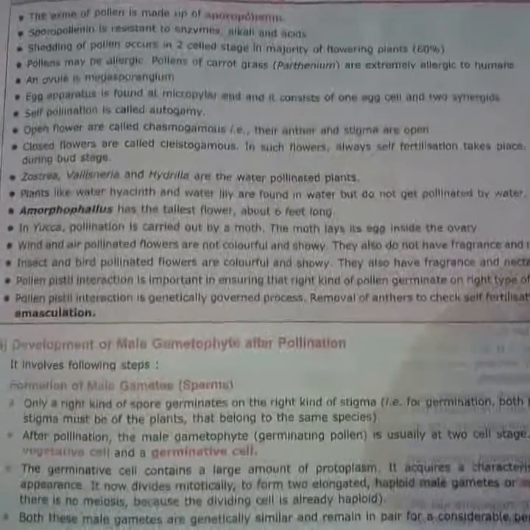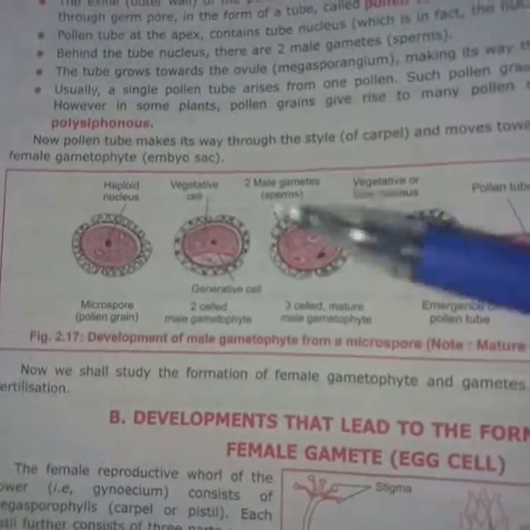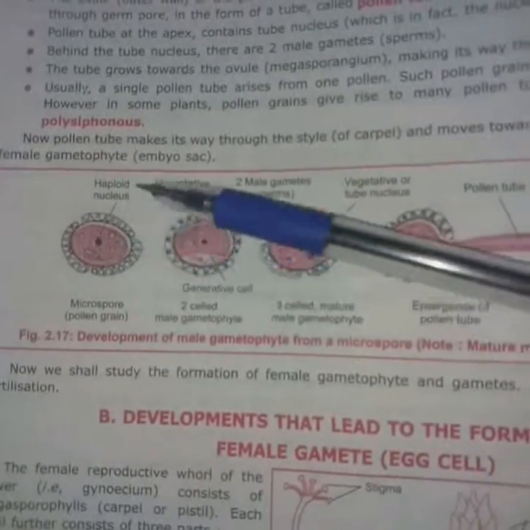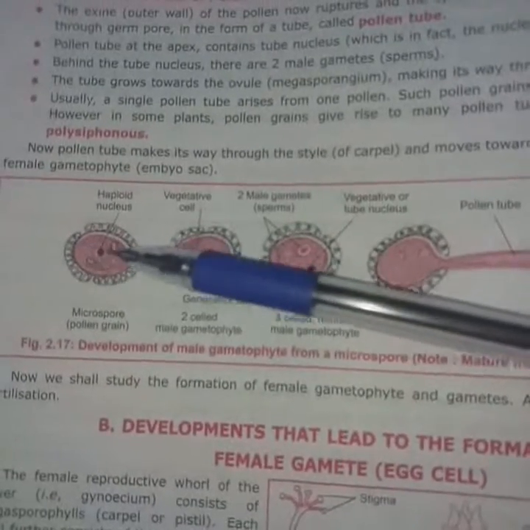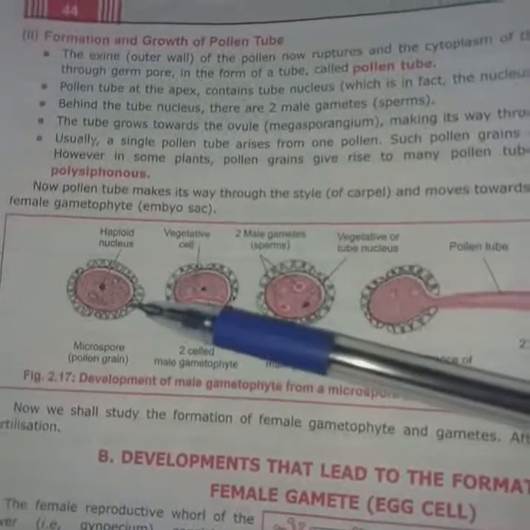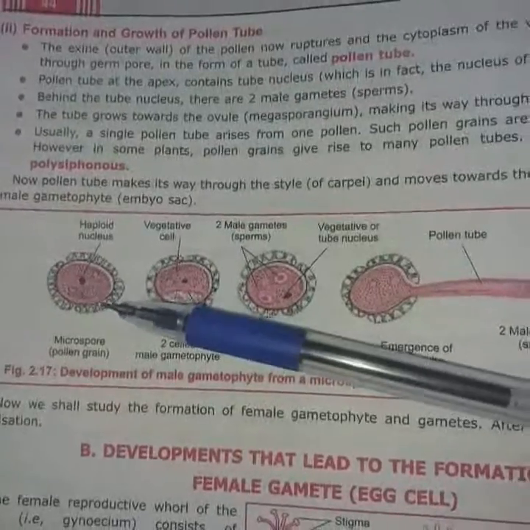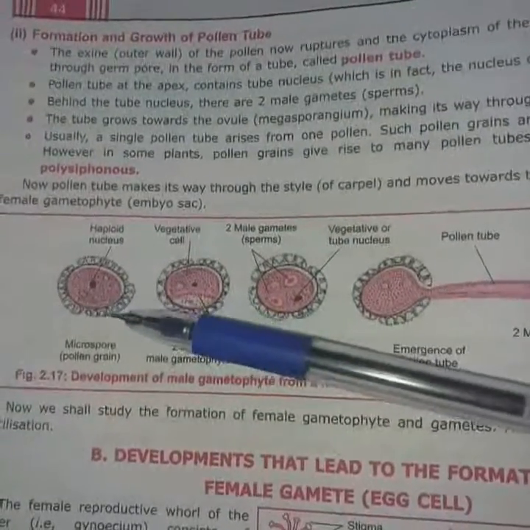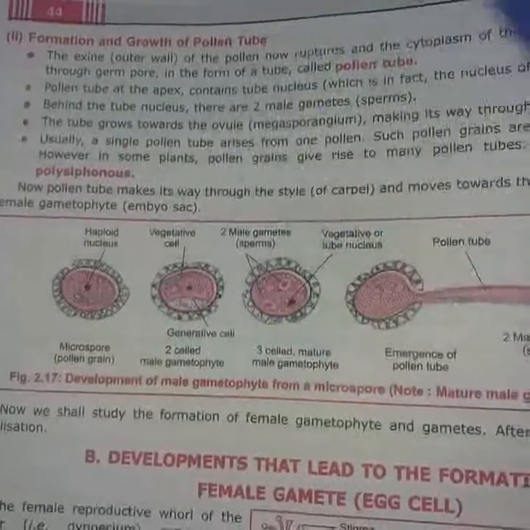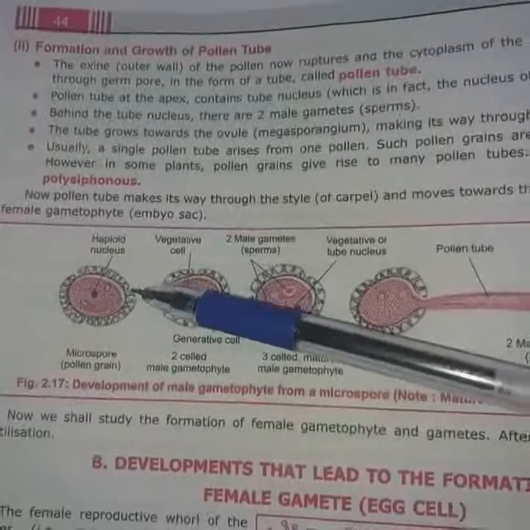First is the formation of male gametes or sperms. So these microspores of pollen grains develop after pollination when they reach the stigma of the female flower. Only the right kind of spore germinates on the right kind of stigma. This is the germ pore.